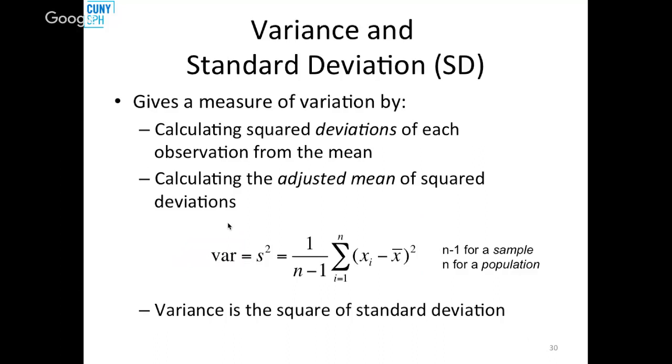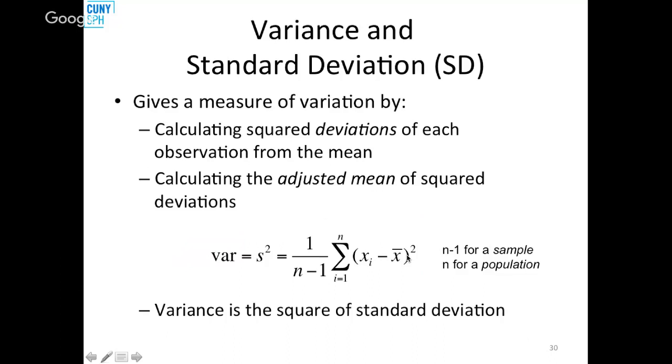Variance is a measure of spread, and standard deviation is the square root of the variance. For each observation, it is the deviation of that observation from the mean. So that's this x sub i minus x bar.